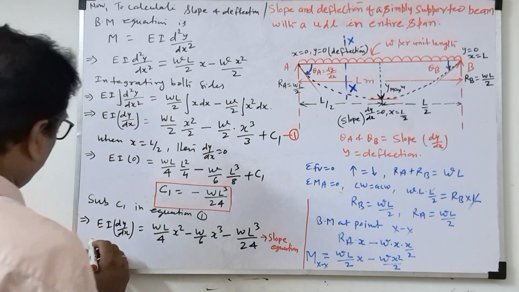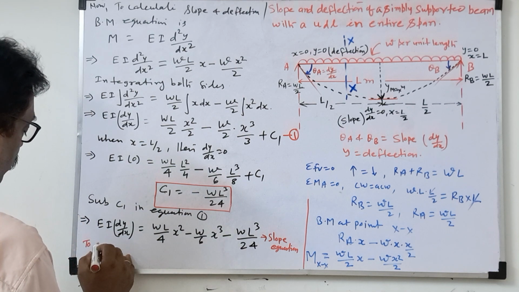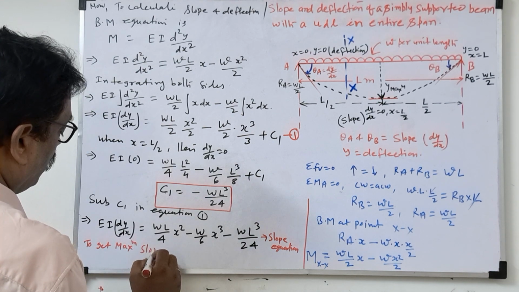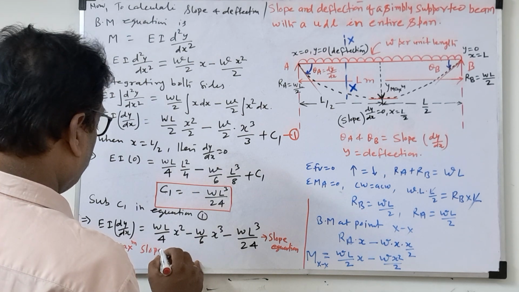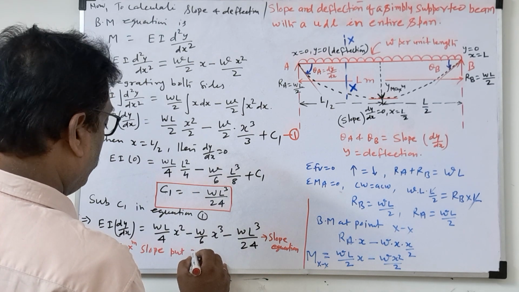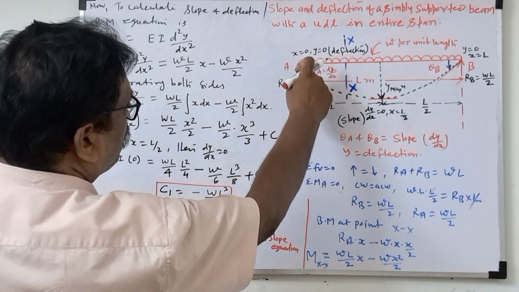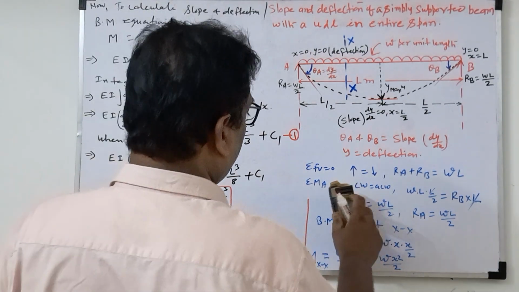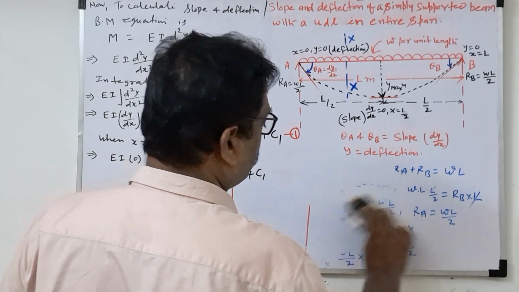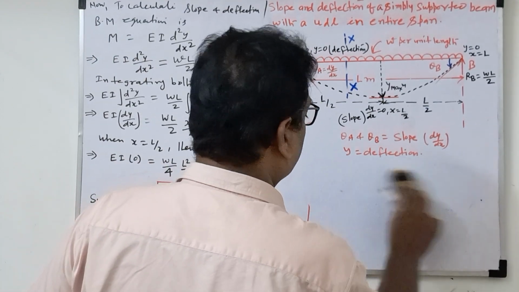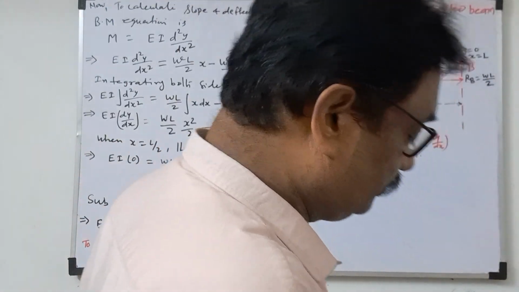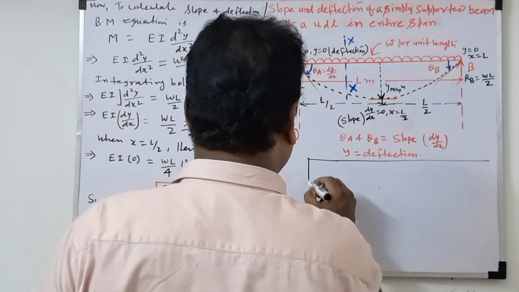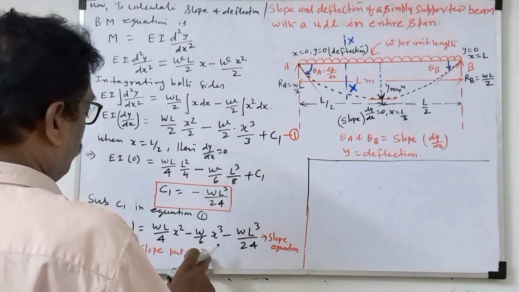So to get maximum slope, put x equal to 0. See, x equal to 0, slope is maximum.